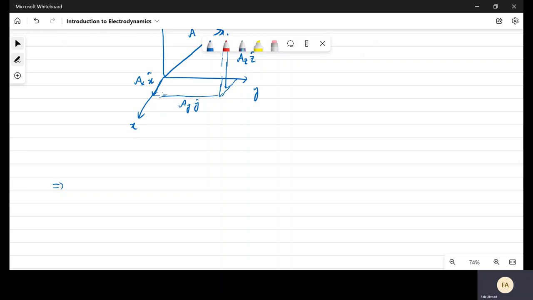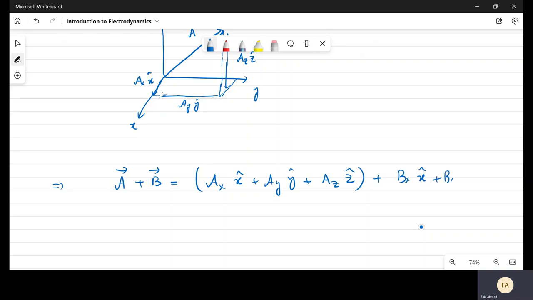So we represented a vector into its components, and if we want to add two vectors, say vector A and B, they can be added as ax x plus ay y plus az z plus bx x plus by y plus bz z.